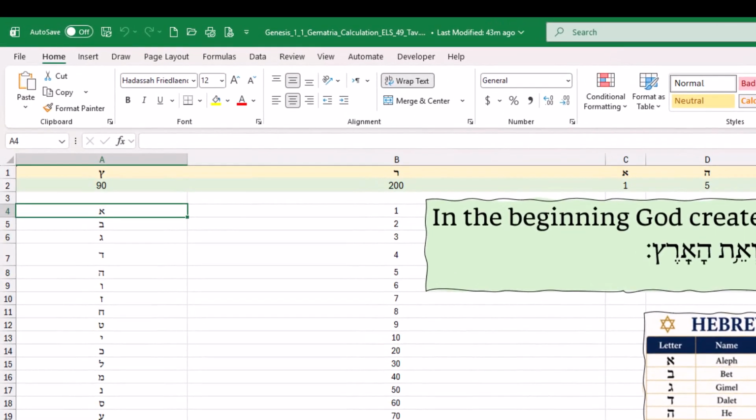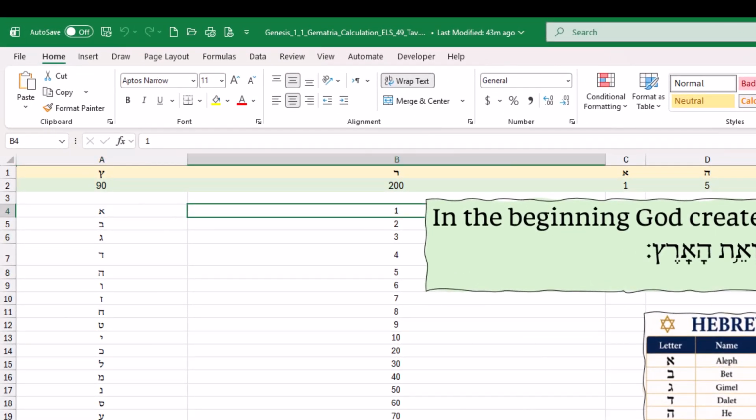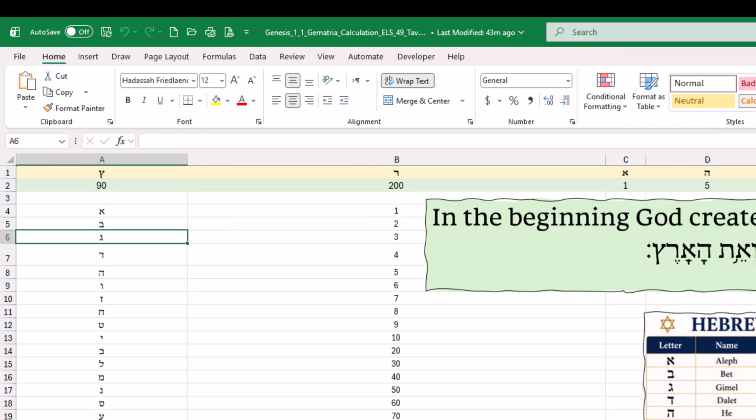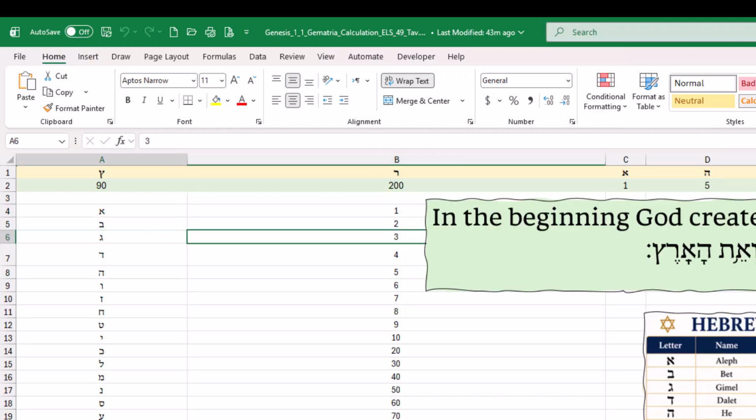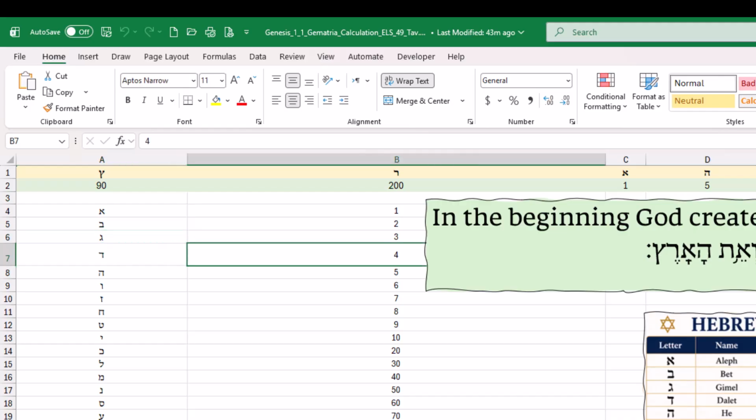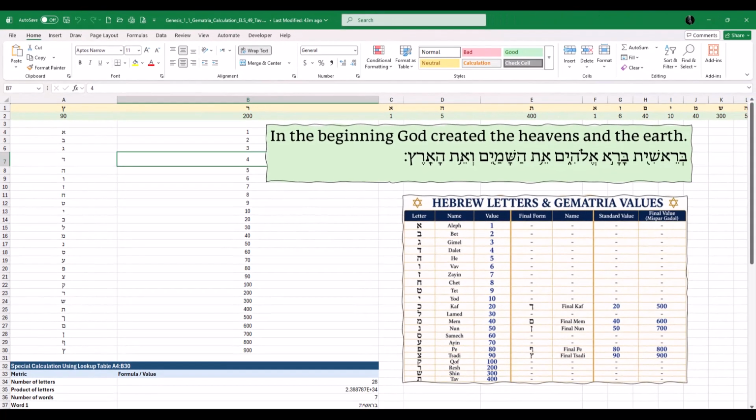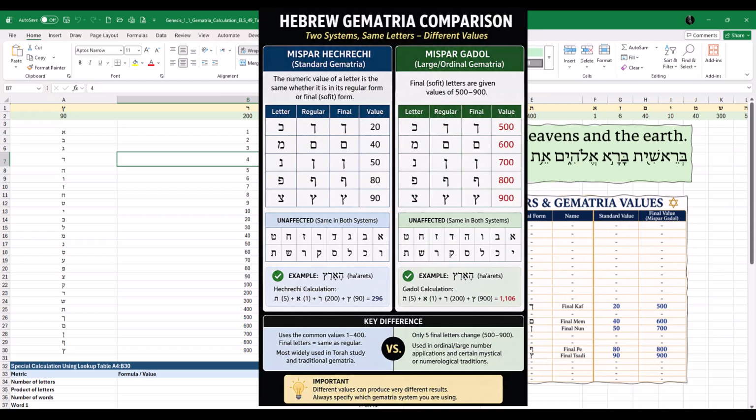If I take this Aleph here, it has the value of 1, Bet has the value of 2, Gimel has the value of 3, Dalet has the value of 4, and so forth. That's where we derive our numbers for our calculations. But you need to know, and I did not know this until I was doing the research for this, that there are two kinds of gematrias.